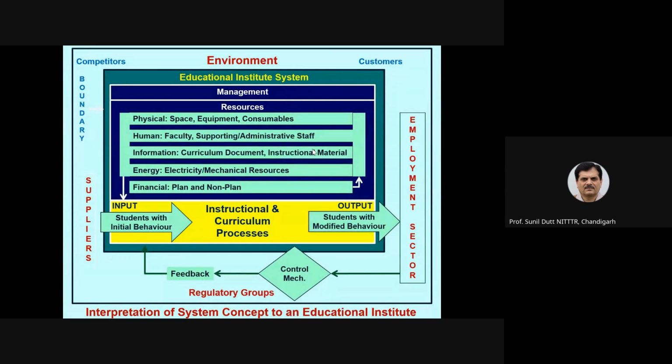So, when a system is designed to achieve certain objectives, it automatically sets the boundaries for itself. So, the understanding of the boundaries of a system is very essential to bring clarity in explaining the system components and their arrangements.